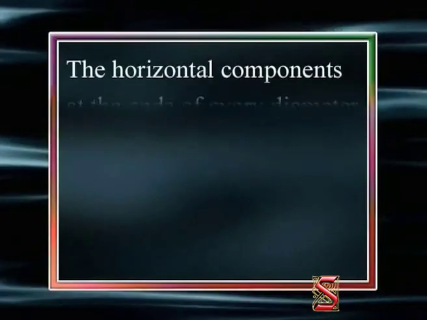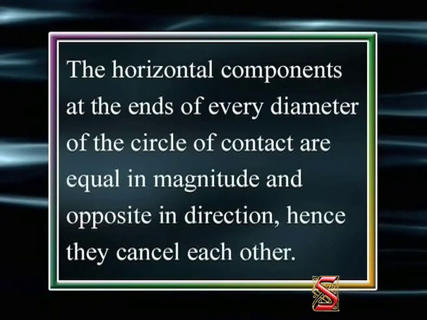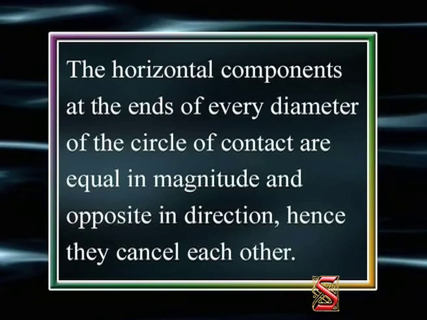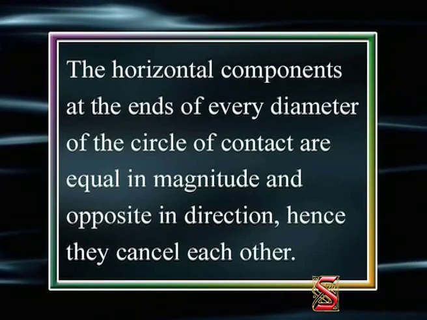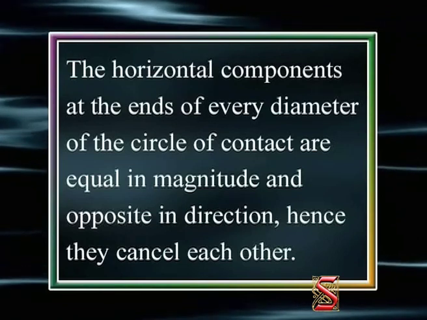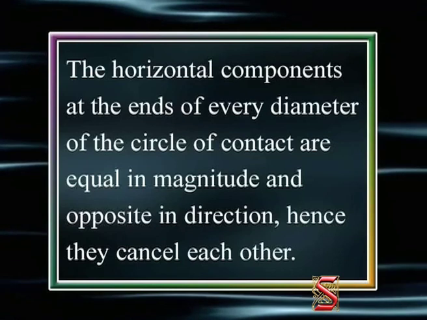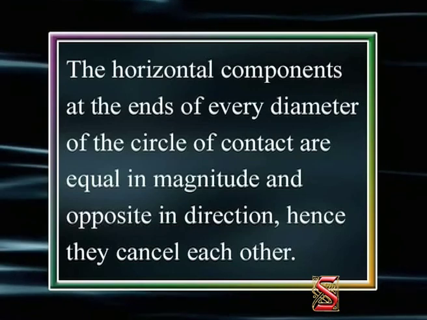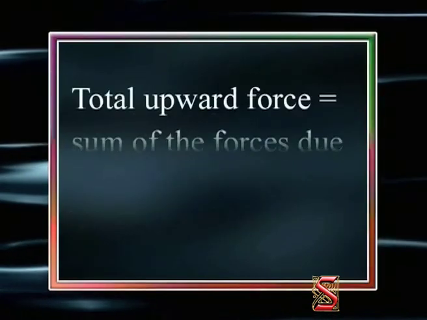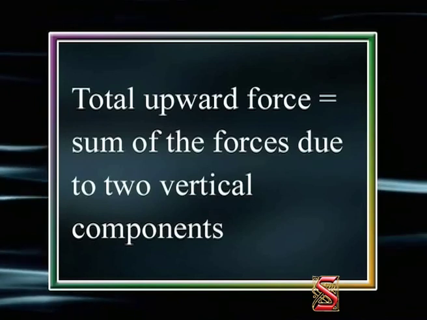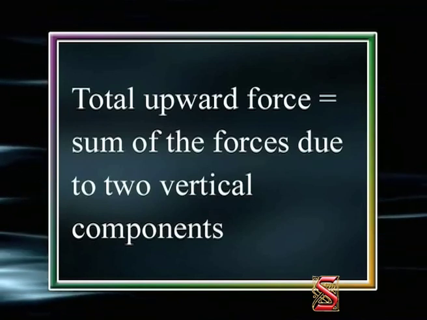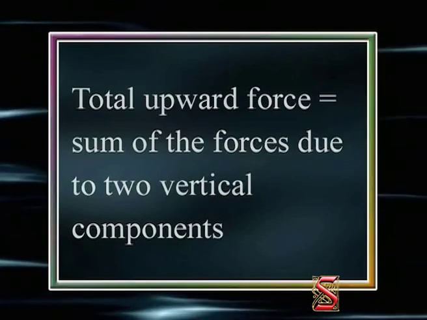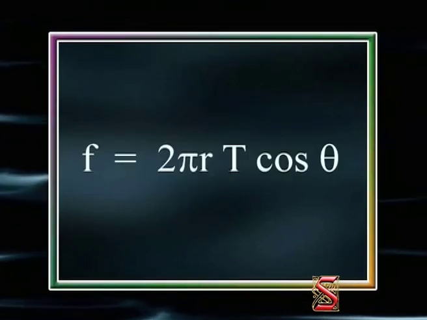Next, the horizontal components at the ends of every diameter of the circle of contact are equal in magnitude and opposite in direction, hence they simply cancel, and therefore in our derivation we need not consider these horizontal components. Now let us consider only the vertical components, which are responsible for this derivation. Now, the total upward force is equal to the sum of the forces due to the two vertical components, that is F is equal to 2 pi RT cos theta.